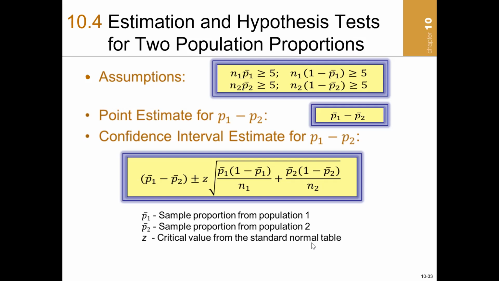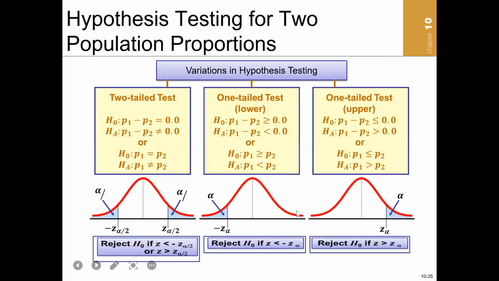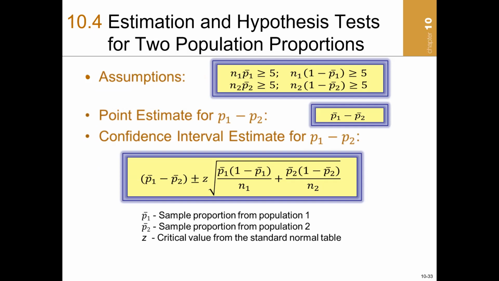First of all, the confidence interval for proportions when it involves two groups: for every confidence interval, remember, there will be a point estimate plus or minus the critical value times the standard error. When we have two population proportions, the point estimate is the sample proportion of the first one minus the sample proportion of the second one.